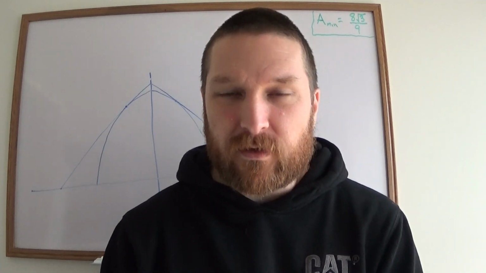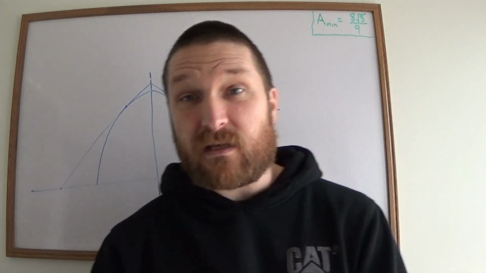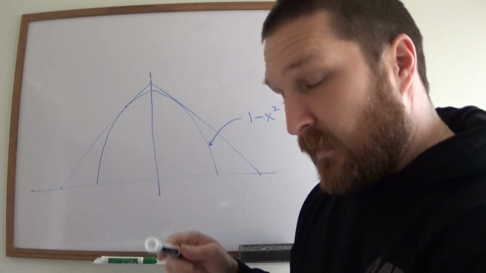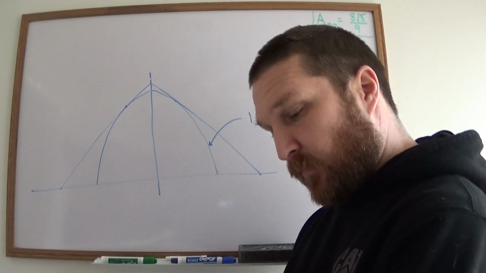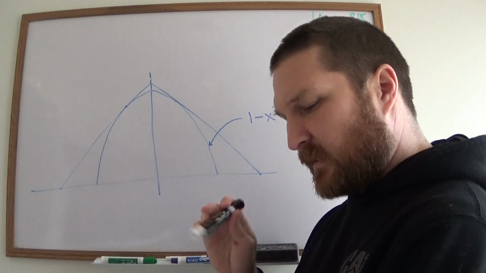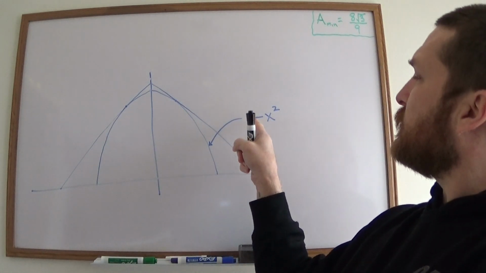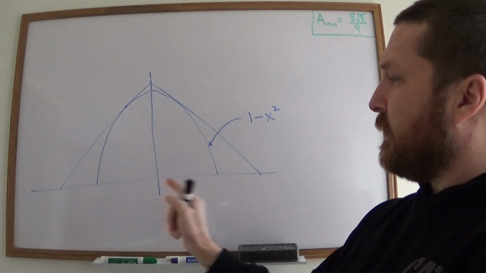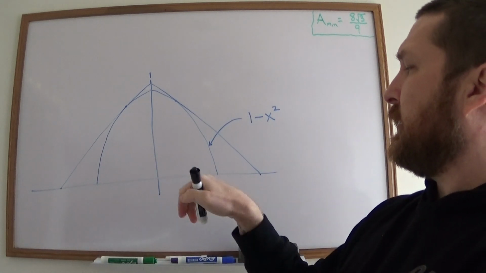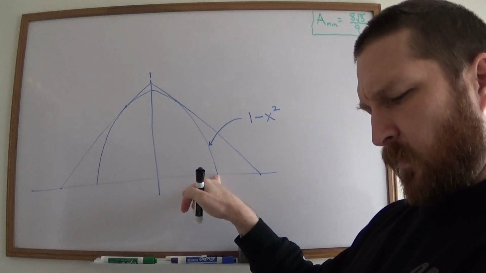So finally, we're going to get our solution to the extra credit optimization problem, which says: consider the part of the parabola y equals 1 minus x squared from x equals -1 to x equals 1.